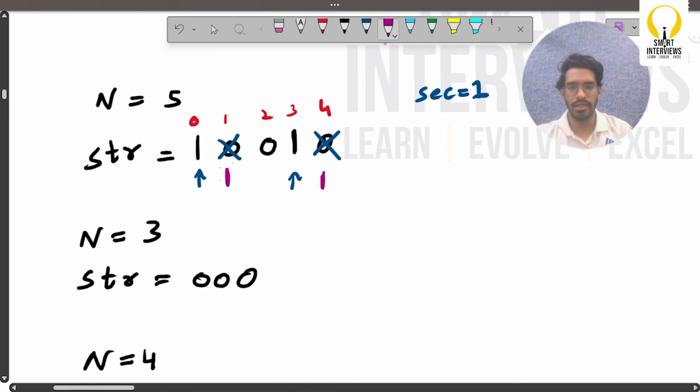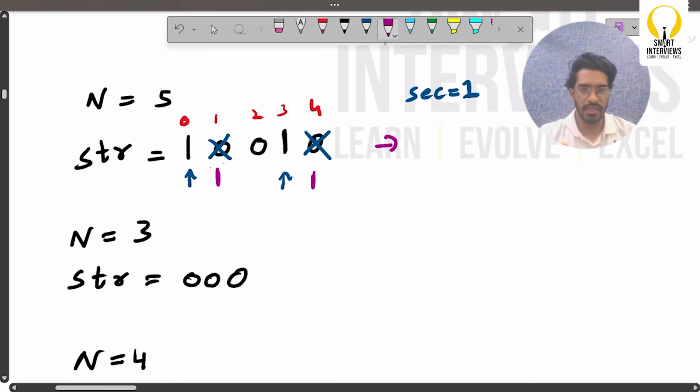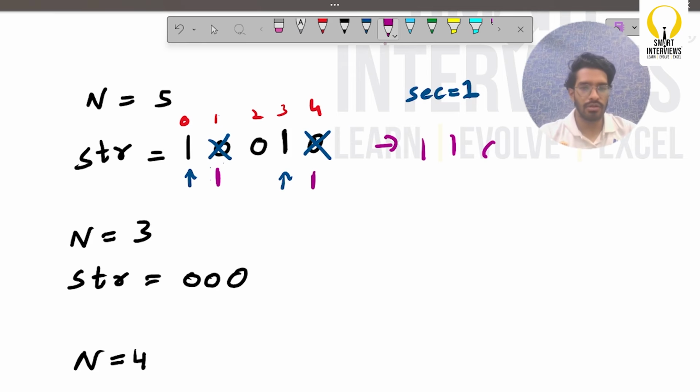So technically, after second one your string should look something like this. Assuming the wolves have moved from these indexes, I've still written 1 just to show that there might have been a wolf there. Now at second 2, what happens? There is a wolf here. If I assume this as the xth position, exactly at the x plus 1th position I have a bird.